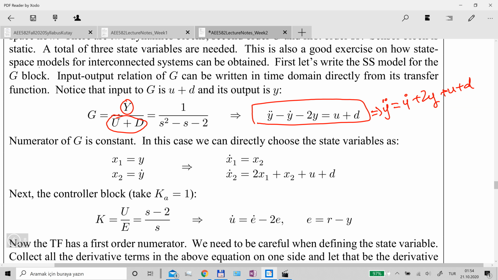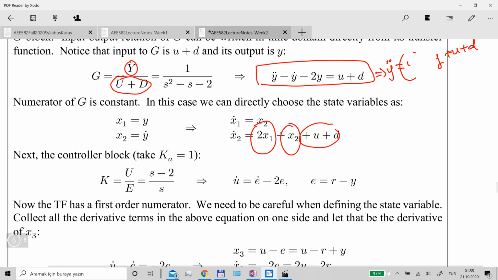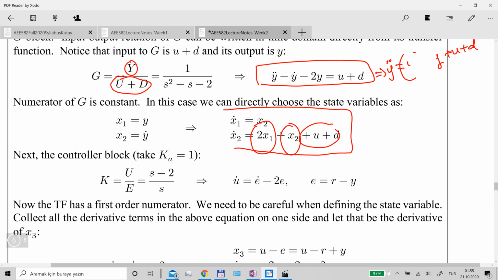We need to write this in terms of the state variables. So instead of 2y, I write 2x1. Instead of y dot, I write x2. And I just leave u and d as they are at the moment. Okay, so these are the state equations that correspond to the plant block.